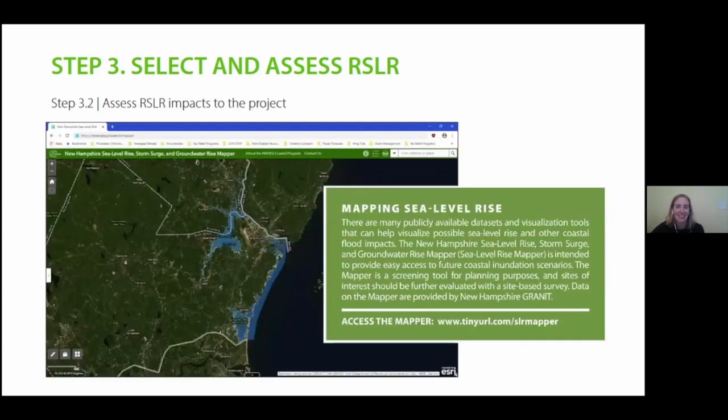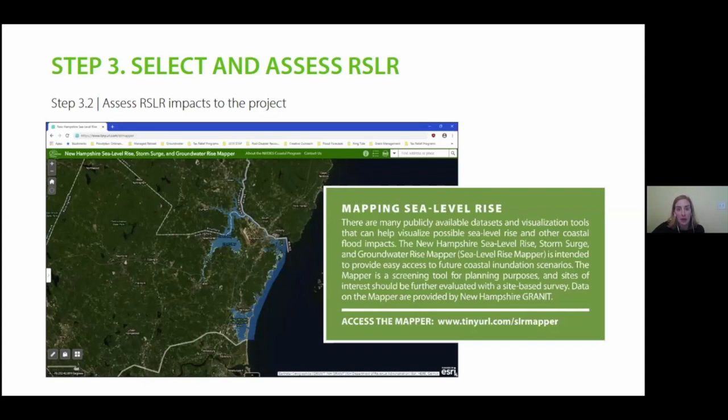Next slide. So the second part of step 3, 3.2, directs decision makers to assess how this RSLR affects their particular project. There are a number of methods and tools available to help you do this. Many of you are probably familiar with some of those, but a relatively simple tool to help you get started is referenced in the guidance.